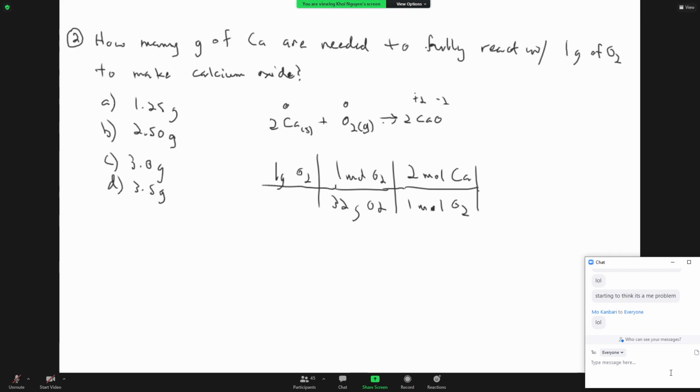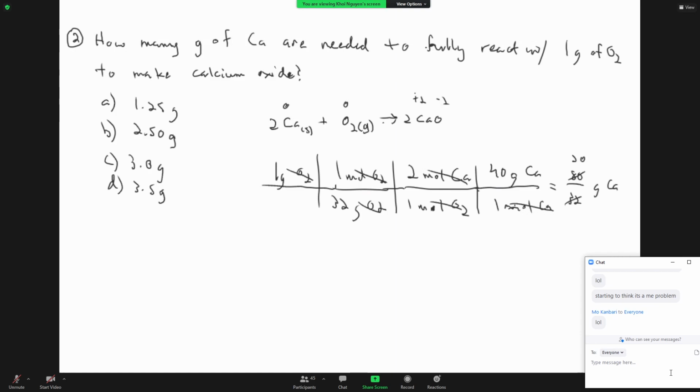And then for every 1 mole of calcium, we can look this up from our periodic table of the elements. It's going to be around 40 grams of calcium. Okay, so everything cancels out. So you're going to end up with 80 over 32, and that simplifies down to about 2.5. So 80 over 32 grams of calcium, divide by 4.